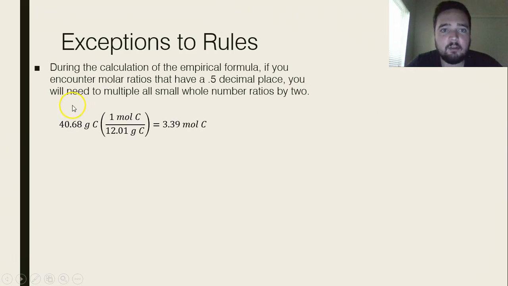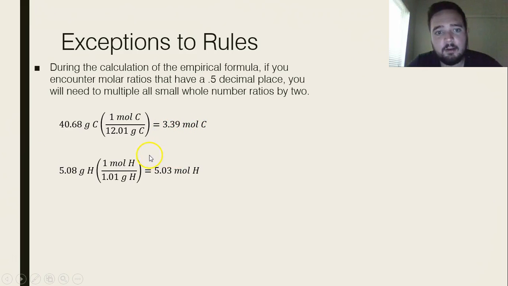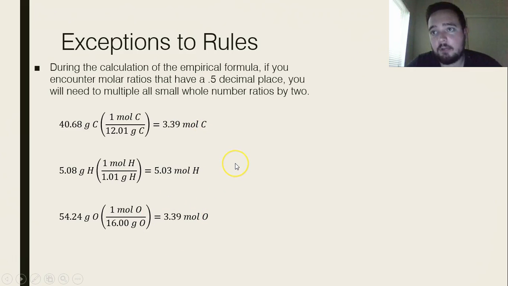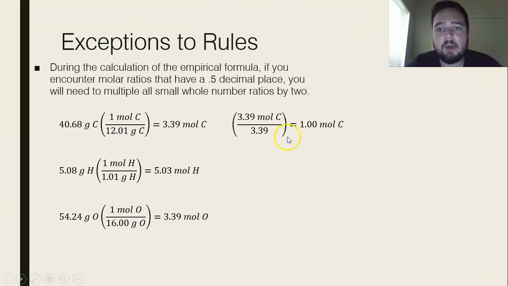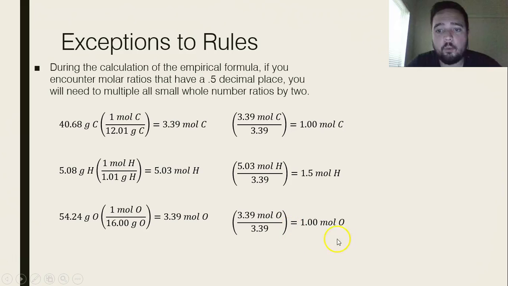I just had this random example. I calculate 3.39 moles of carbon, 5.03 moles of hydrogen, 3.39 moles of oxygen. The lowest is the same for both carbon and oxygen, so I'm going to use 3.39. When I divide those by 3.39, I get 1 mole for carbon, 1.5 moles for hydrogen, and 1 mole for oxygen.